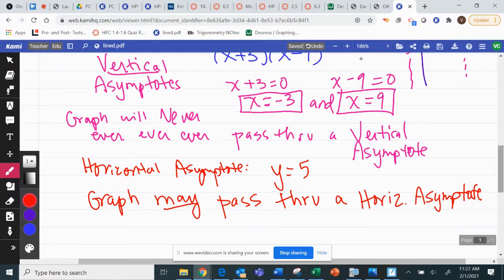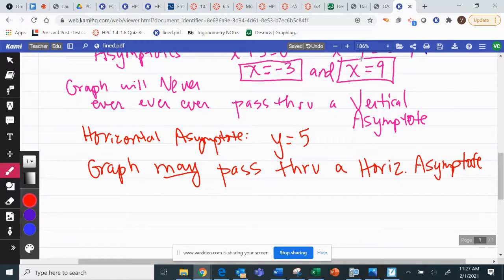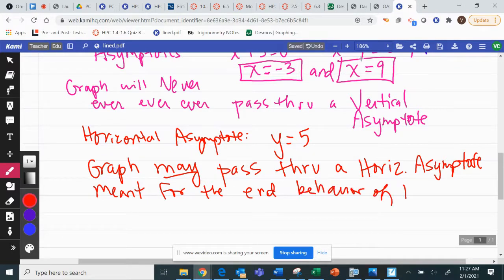The horizontal asymptotes are meant for the end behavior of the graph. So at the very ends of the graph, it will have this horizontal asymptote of y equals 5. I don't know if it's going to be below the graph or above the graph, but it'll be getting closer and closer to 5, just at the very ends. But stuff could still happen in the middle.